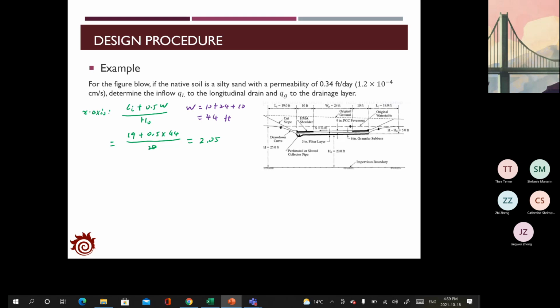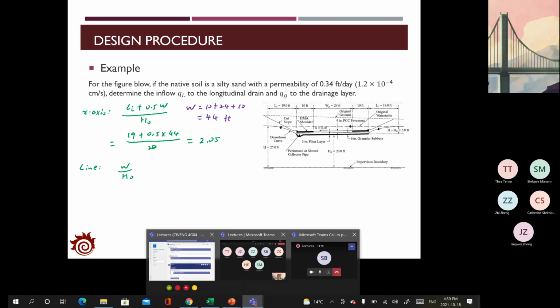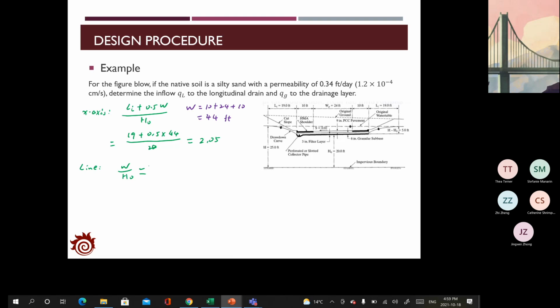And then we need to determine which line we're going to use. So with that, we need to calculate the value of W divided by H0. So W is 44, H0 is 20, and with that we get the value as 2.2, and we need to use this one to find out which line.